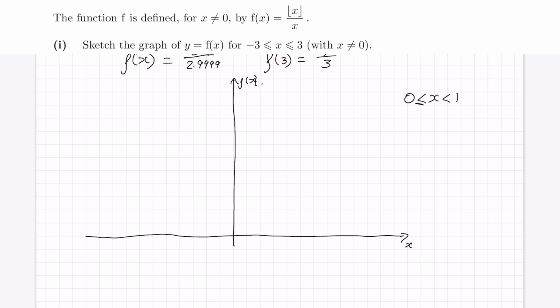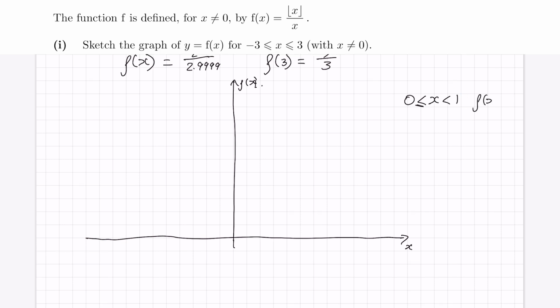Well, f of x equals 0 over x. Well, that's just 0. So, to draw it in red, let's plug some numbers on here. Let's say this is 1, this is 2, this is 3, this is minus 1, this is minus 2, this is minus 3. Then between 0 and 1, we just have 0 here.